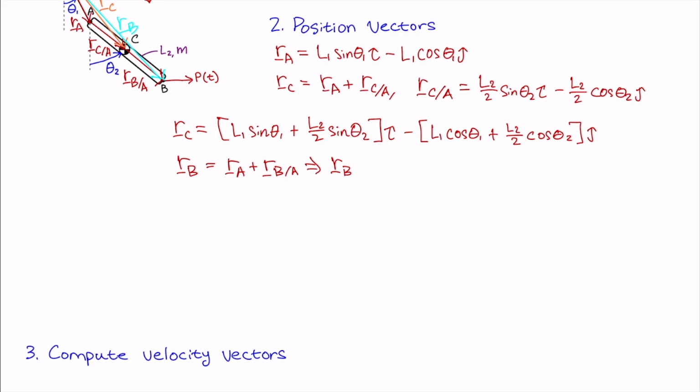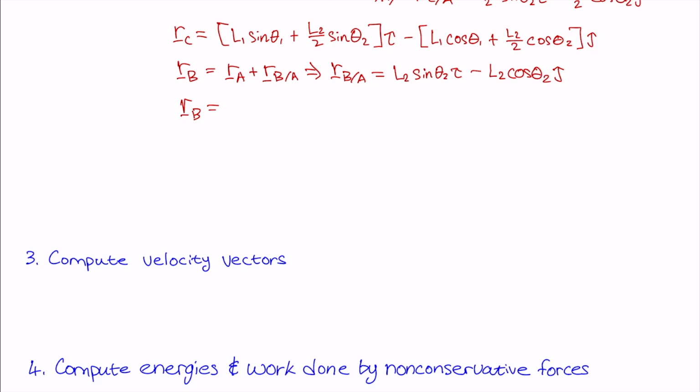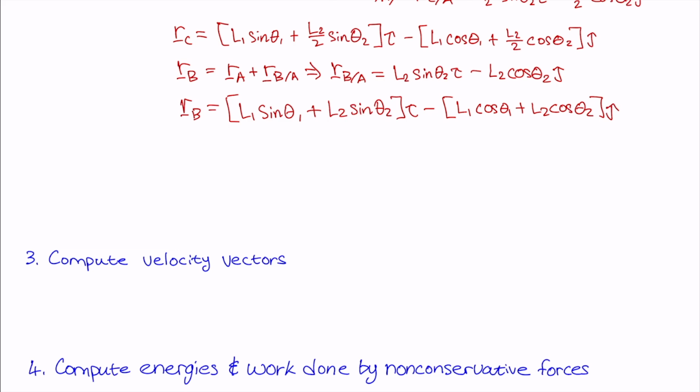We're going to find that RB/A is equal to L2 sine theta 2 I minus L2 cosine theta 2 J, such that RB will be equal to the quantity L1 sine theta 1 plus L2 sine theta 2, all of that in the I direction, minus the quantity L1 cosine theta 1 plus L2 cosine theta 2, all of that in the J direction.